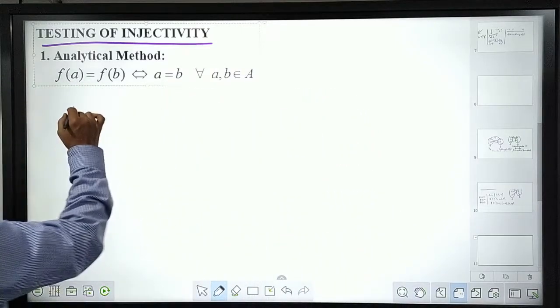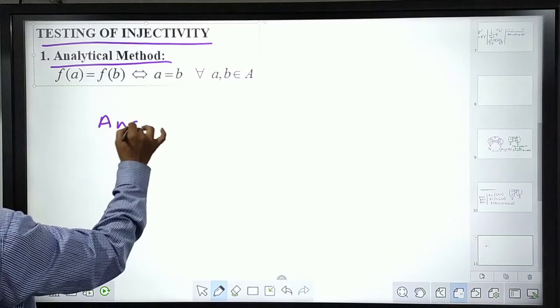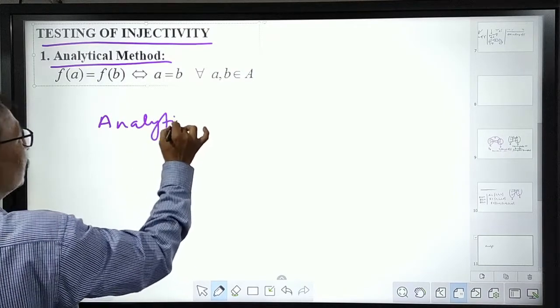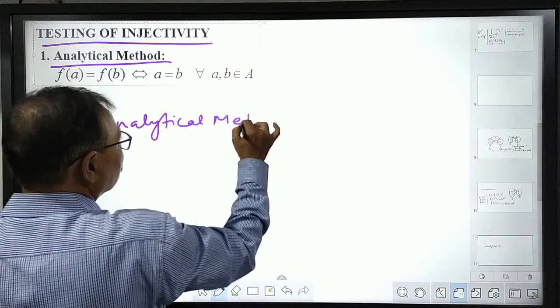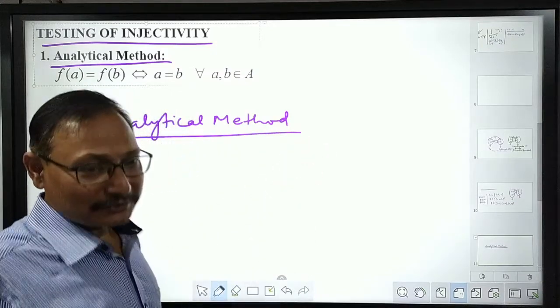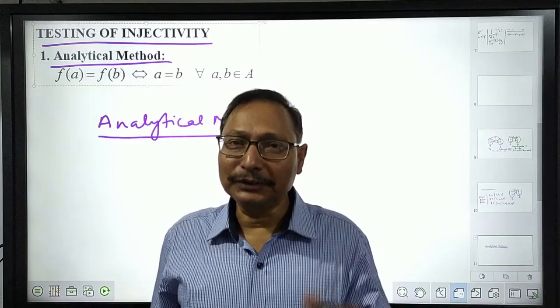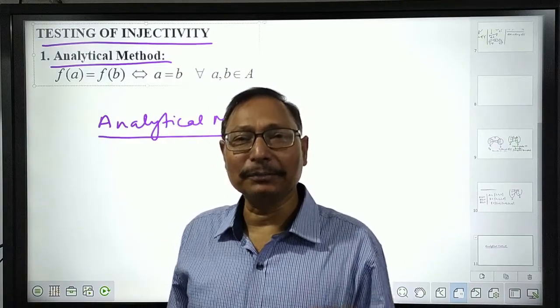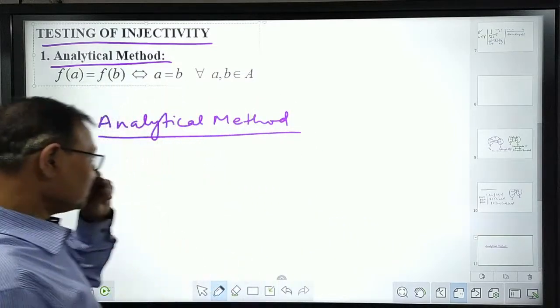We term this the analytical method. That means by analyzing the given facts, we come to the conclusion whether the function is injective or not. What is the process?